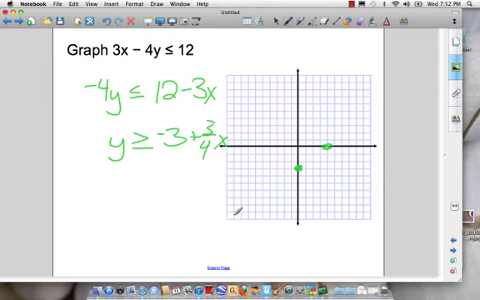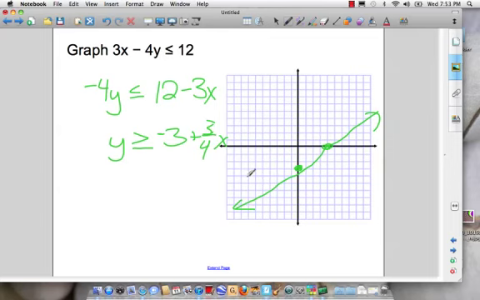So if I go ahead and sketch in this line, I know I don't do a very good job passing through the points, but that line represents all the points where y is actually equal to negative 3 plus 3/4 x. But this inequality says y is equal to or greater than.